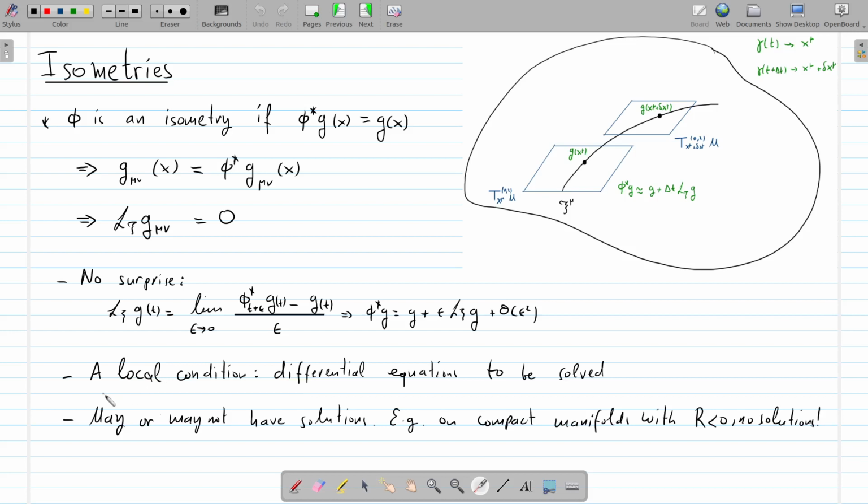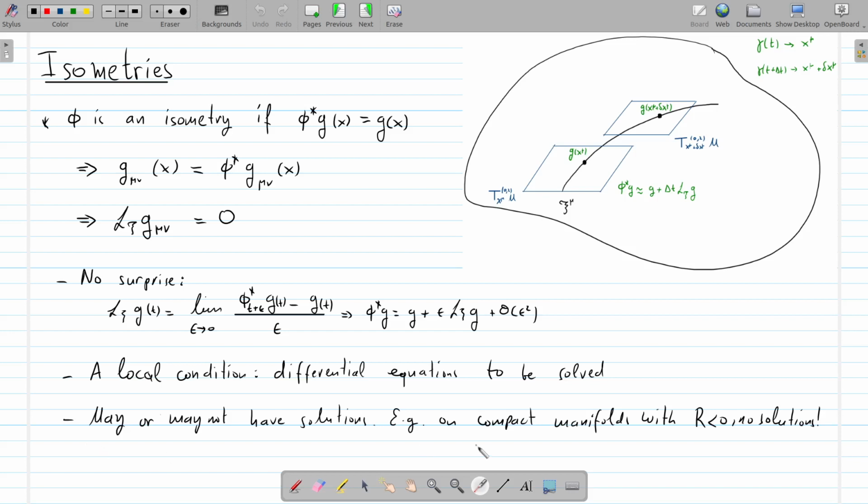So notice now that we have obtained a local condition. It's a set of differential equations that need to be solved. And it is not necessary that such solutions actually exist. In fact, there are manifolds where such solutions do not exist and cannot exist.